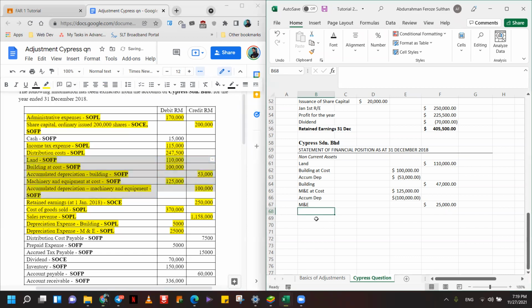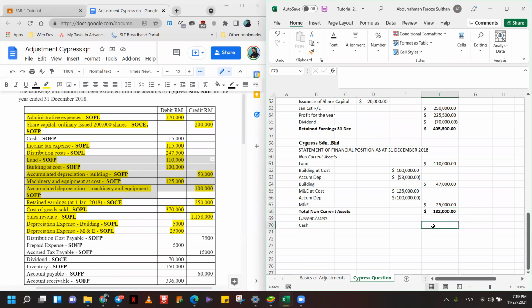Okay. Now we have current assets. All right. What comes in the current assets first? We have cash, right? Oh wait, we have put total current assets equals sum. So 182.